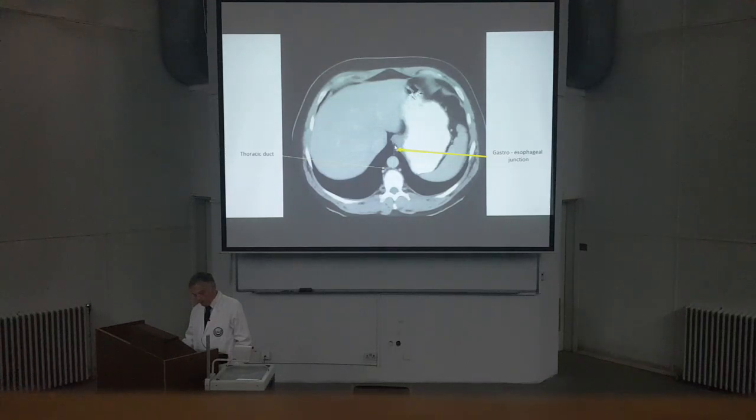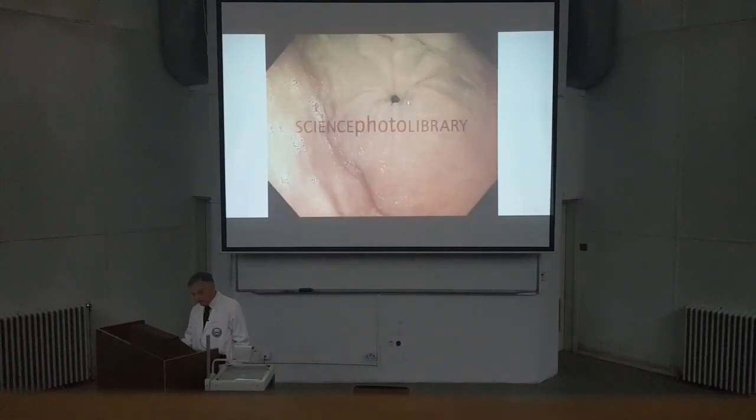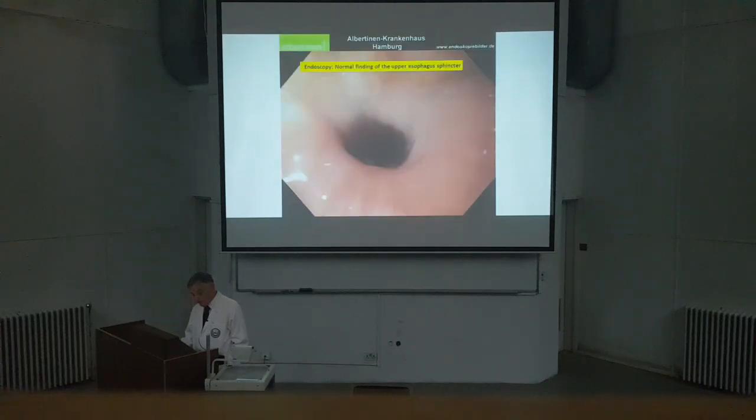This is the gastroesophageal junction. It enters through this opening, which is made by the right crus of the diaphragm, turning around the esophagus. And when you enter with an endoscope into the stomach through the esophagus, this is what you see first, and then this is what you see later when you inflate air.